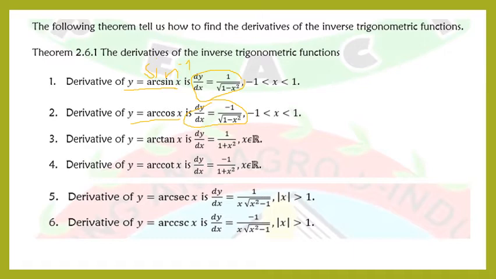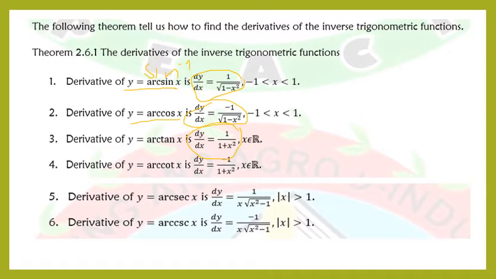The third one is the derivative of the arc tangent, or y equals arc tangent x, is dy over dx, which is equal to 1 over 1 plus x squared. So this is the derivative of arc tangent, the inverse tangent x.